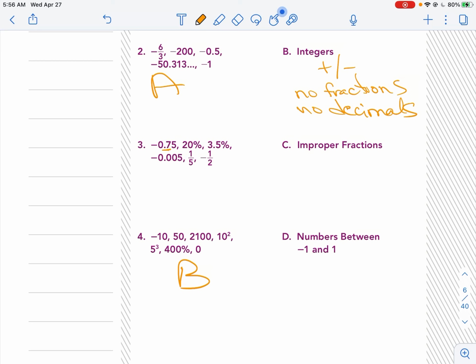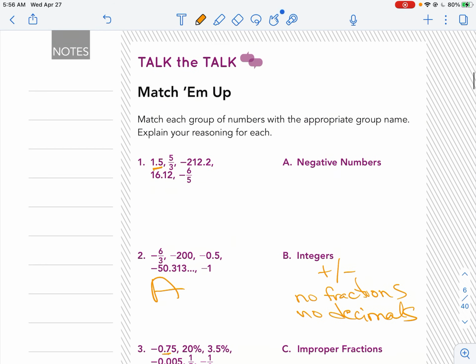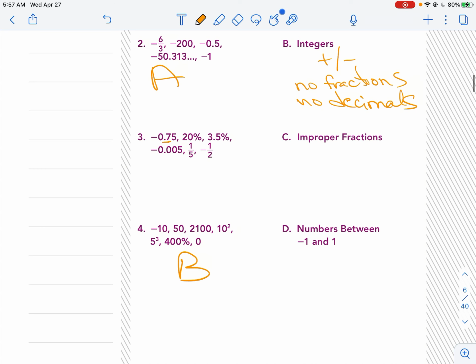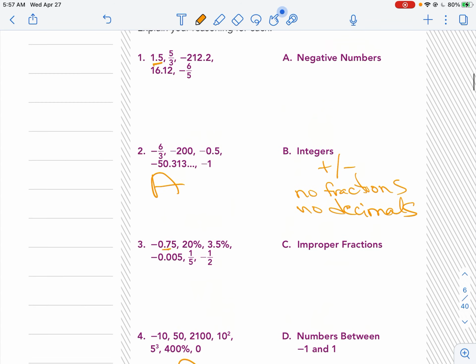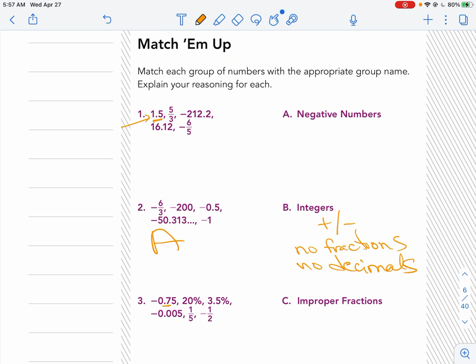Improper fractions. You're probably looking at this going, well, how are either one of these groups improper fractions? Well, 1.5, if I did that, it would be 15 over 10. This one is improper.